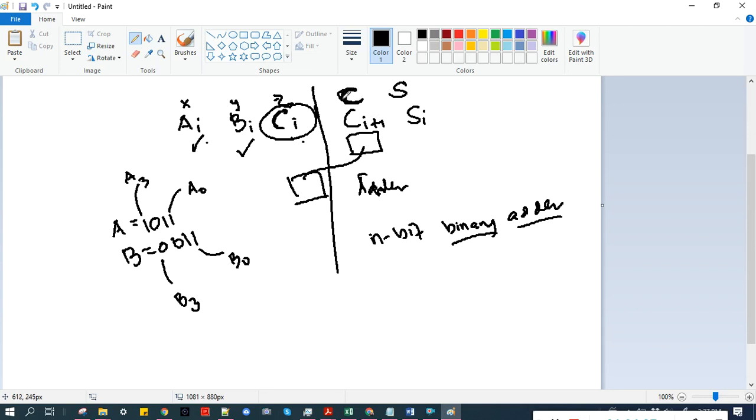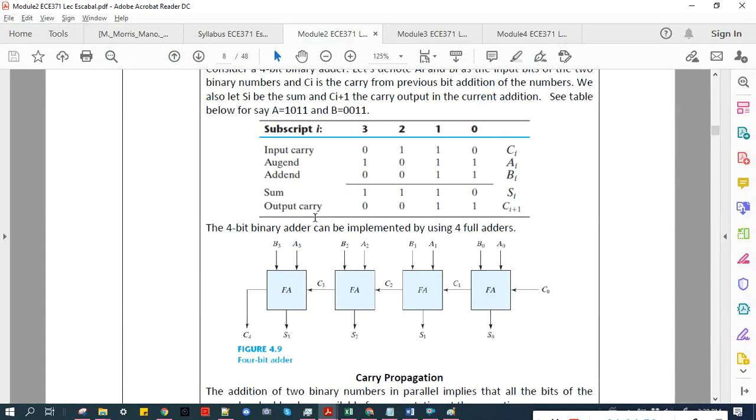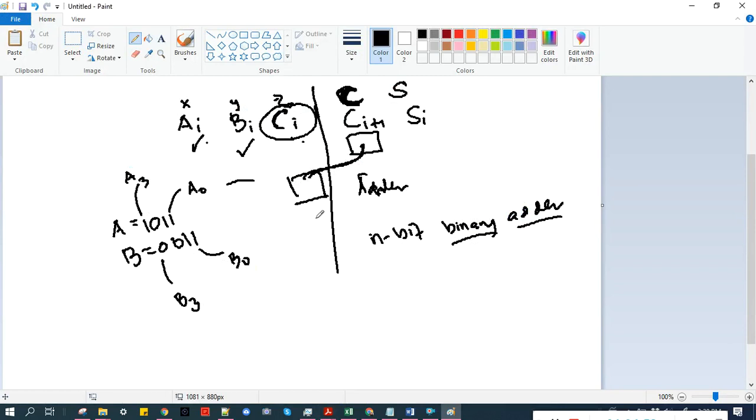We have an output carry from the addition, and then that carry will be the input of the next row. Okay. Hope you are not confused.